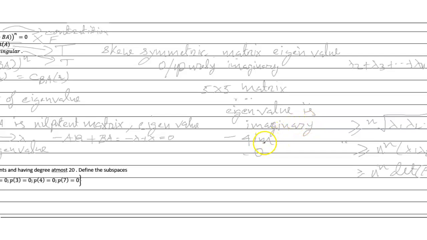So 4 imaginary eigenvalues are possible, but one should be 0, because a complex eigenvalue, meaning an imaginary number, also has a conjugate term.